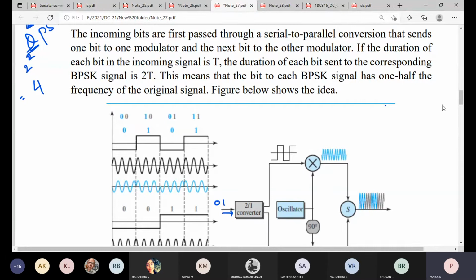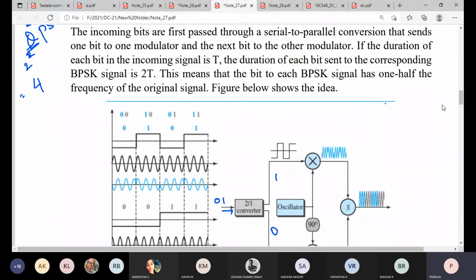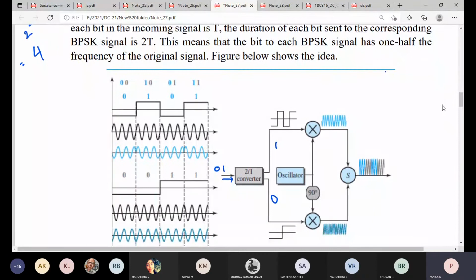This is the modulator, it is going to change the input signal. Another bit is sent to another modulator. This is the first modulator and this is the second modulator.